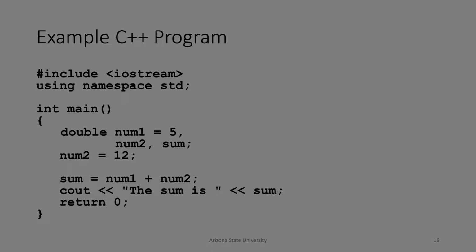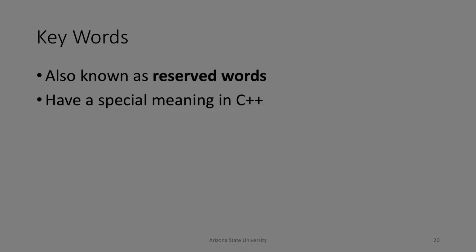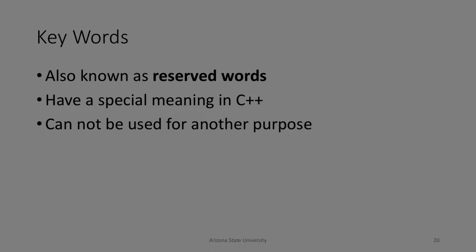So if we go back to the original program, which is this one, we have this double thing, and then you have this num1, num2, sum thing. So what are all these things? Let's start with the beginning thing, keywords. Another term for these is reserved words. If you've programmed in Java before, these are also called reserved words there. Of course, they have a special meaning, and other than this meaning, they cannot be used for anything else.